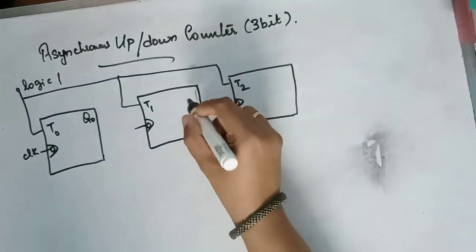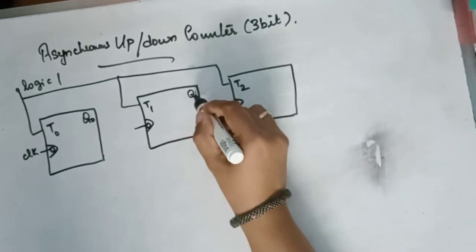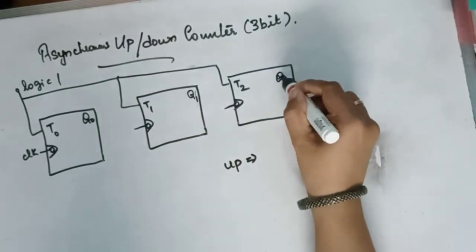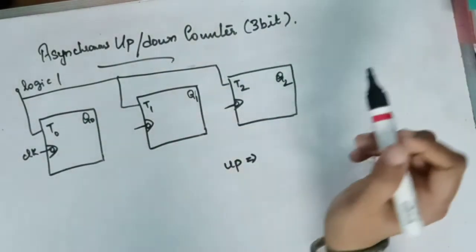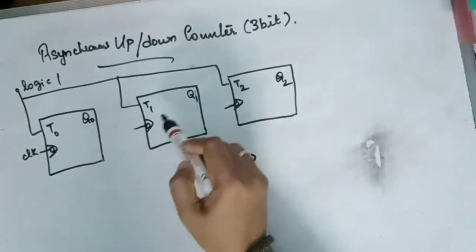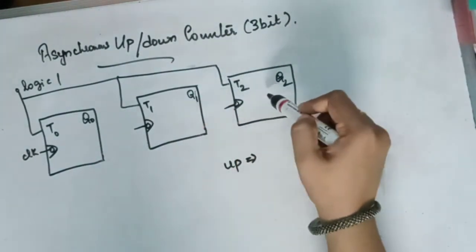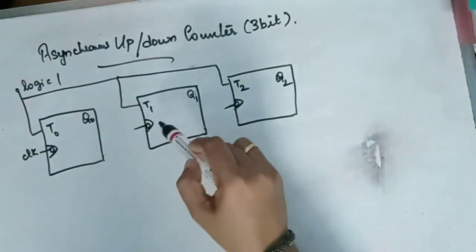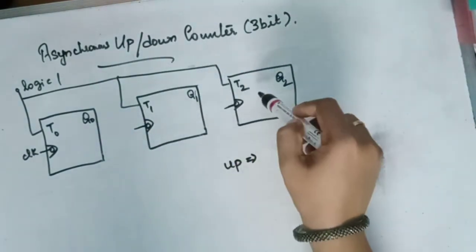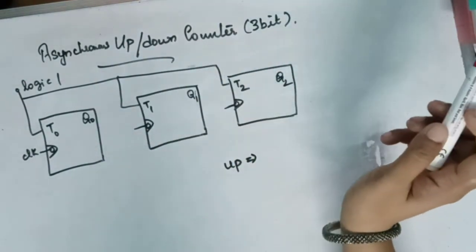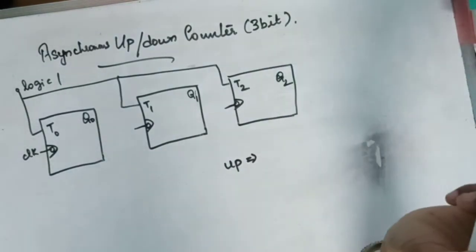So every previous output will clock the next flip-flop. So Q0 will clock T1, and Q1 will clock the flip-flop T2. That is up counter.